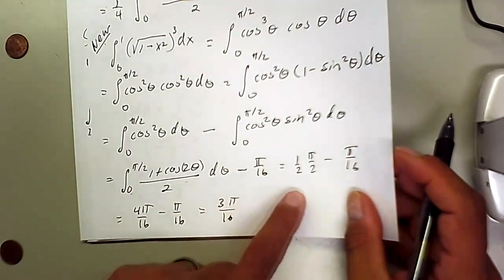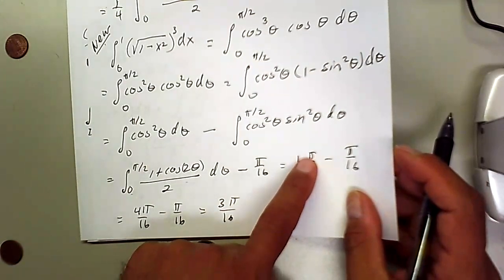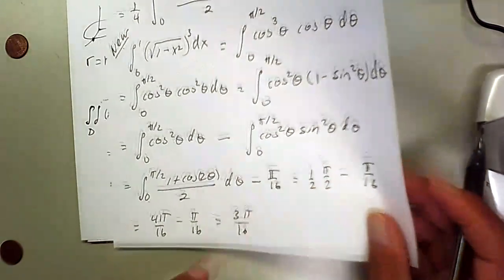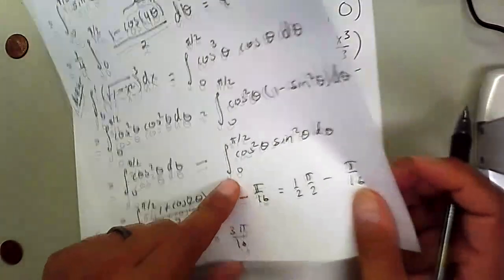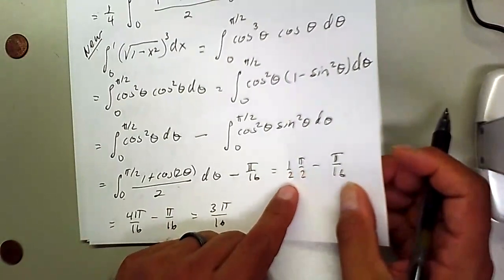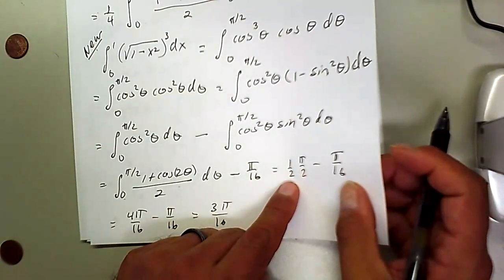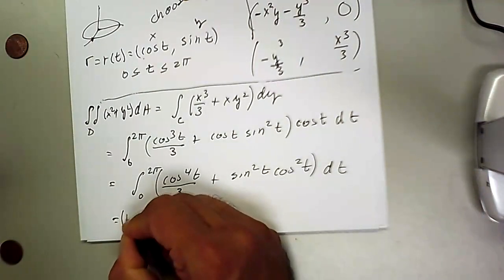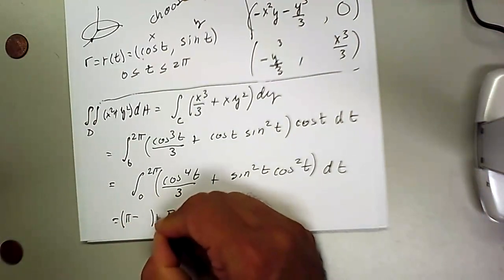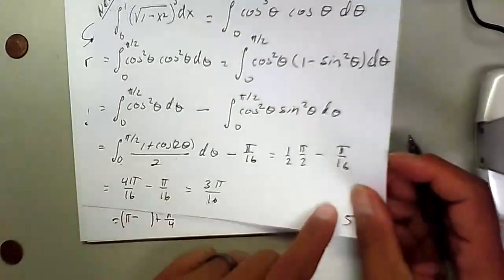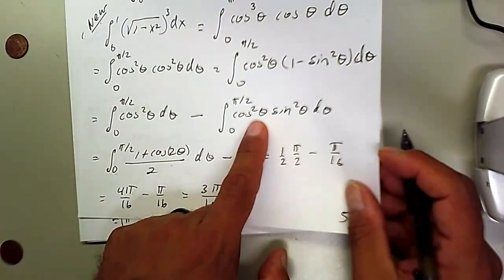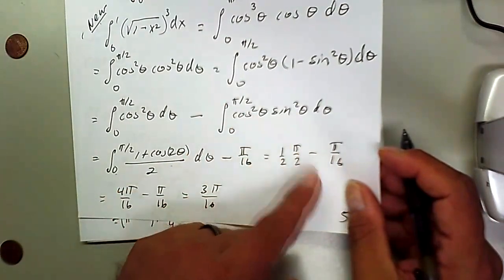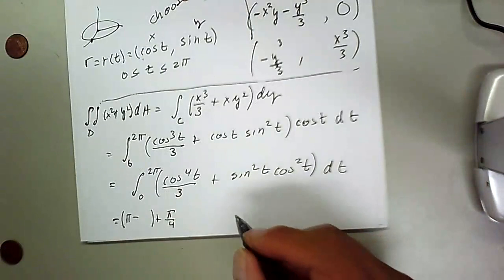But the reason why we got that is because we placed here a pi over 2. But the integral that we have at hand is 2 pi. So here we plug in 2 pi divided by 2, and that's going to give us pi. But then we subtracted pi over 16 from here, but that is really, when we go to 2 pi, pi over 4. Boy.